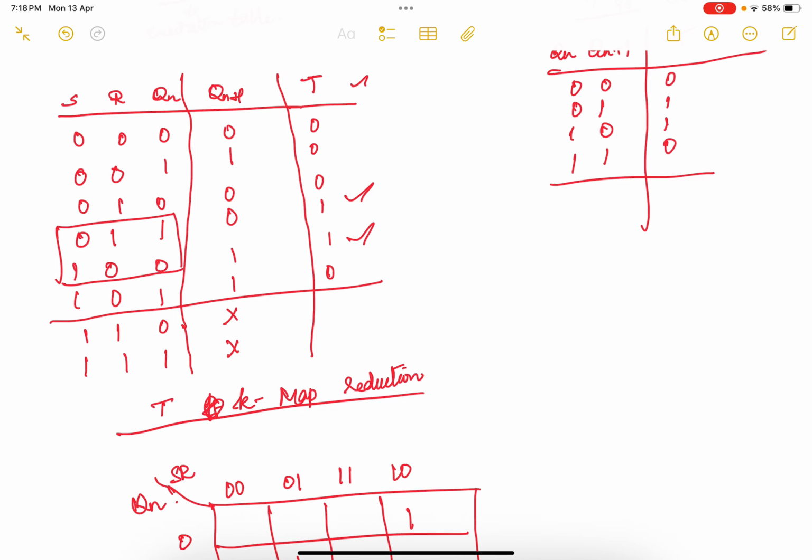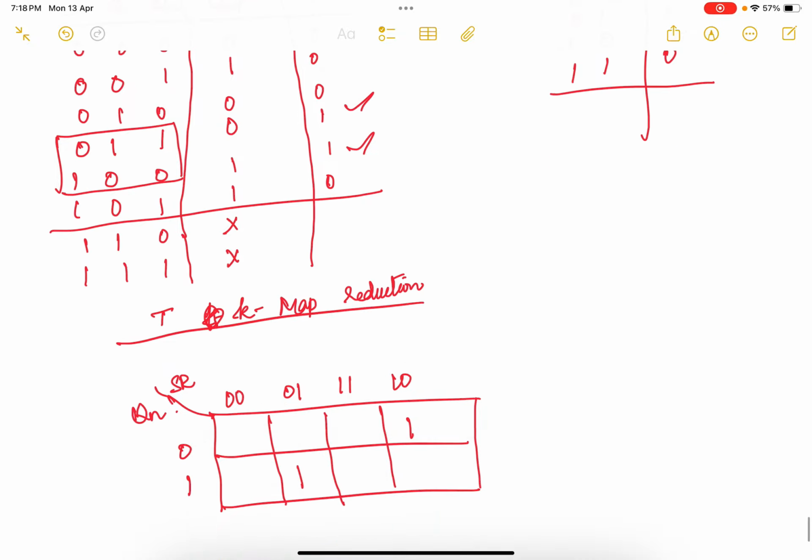Since for 00 it is 0, for 01 it is 1, and 10 it is also 1.